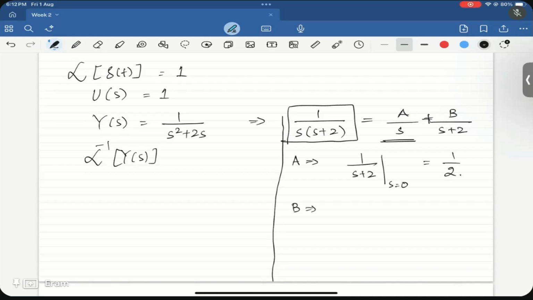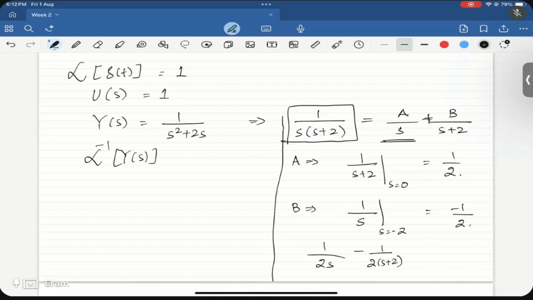And what will be the value of B? We have to multiply with s plus 2 and solve for s equals to minus 2. So B will be minus 1 by 2. Now we have A and B. So this transfer function can be written as 1 by 2s minus 1 by 2 into s plus 2.